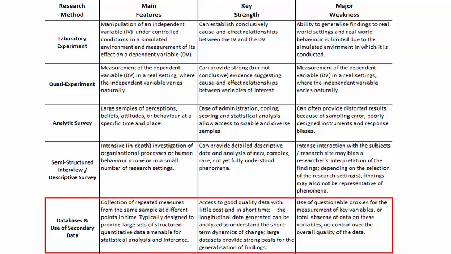Also, although in large databases that doesn't really apply, but it does apply in, say, content of newspapers or other sources. Another weakness, therefore, is the fact that you'll have no control over the overall quality of that data. But the obvious benefit of time and resource economy cannot be overstated.